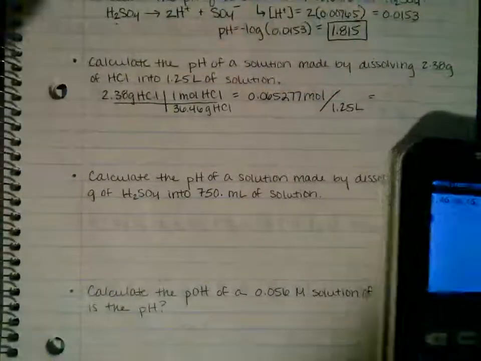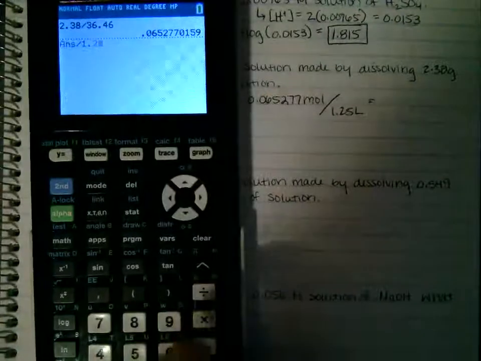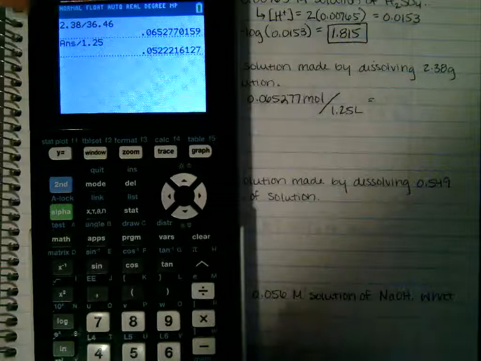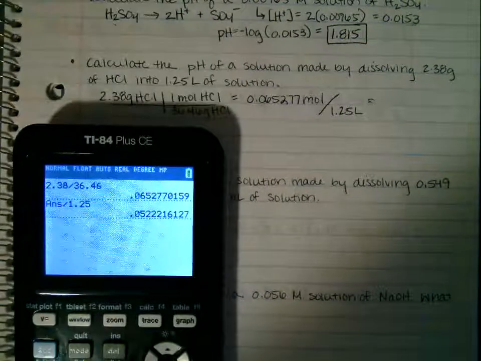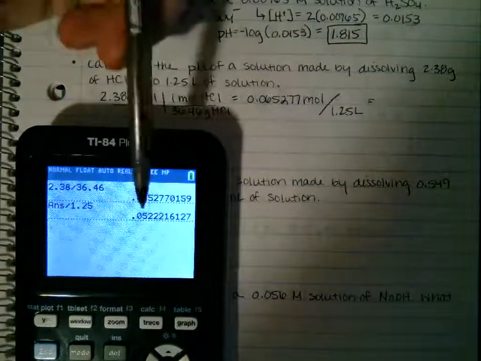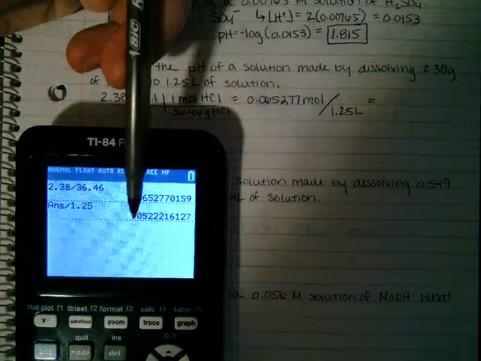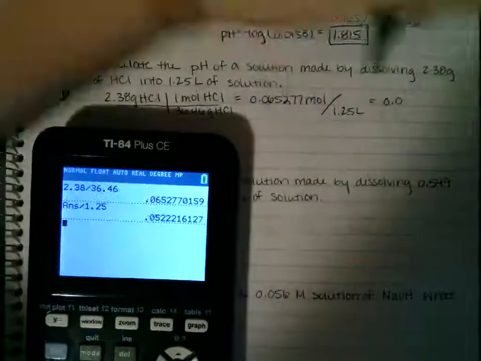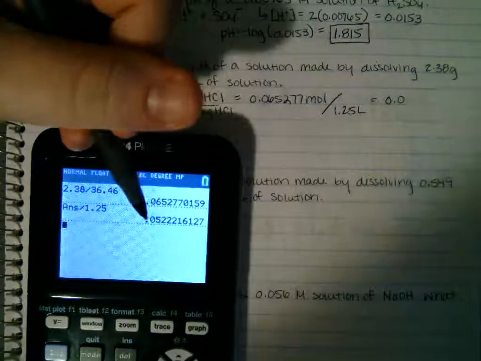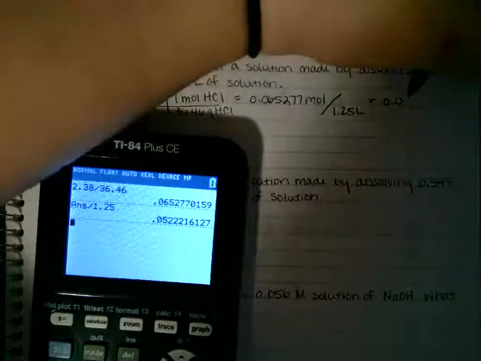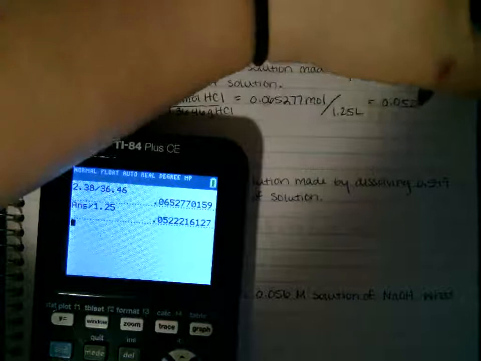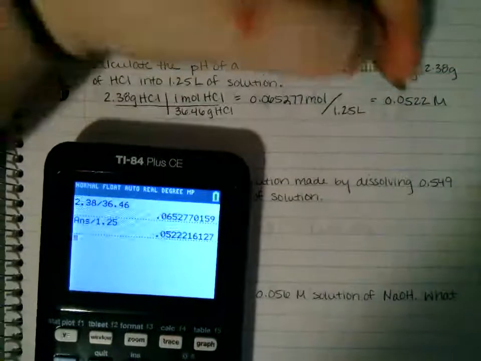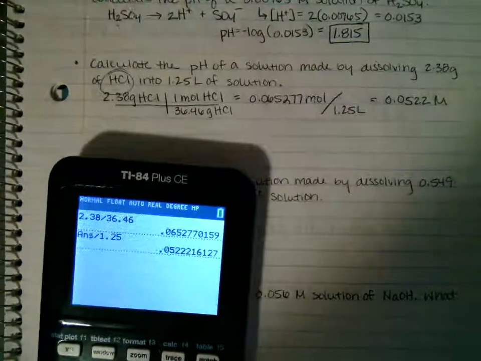So our moles per liter is, let's see, 3 sig figs. So we'll round this to 3 sig figs: 0.0522 molar. And that's the concentration of our HCl.